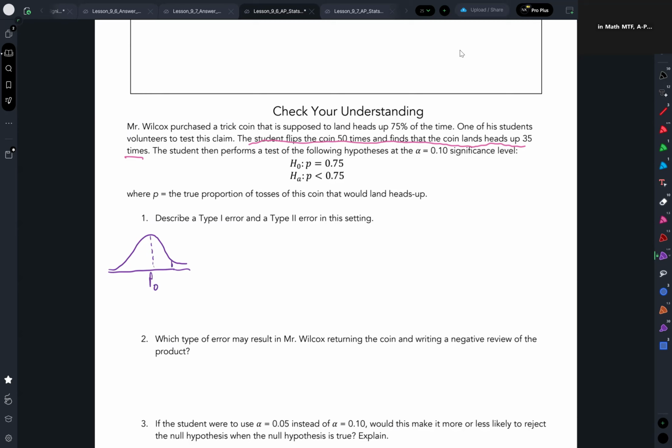And if I find a statistic in this region right here, where alpha is 0.05, that's when I reject my null hypothesis that in this case P equals 0.75 because it's just not plausible. It is possible to get a value in that region, but it's not plausible.